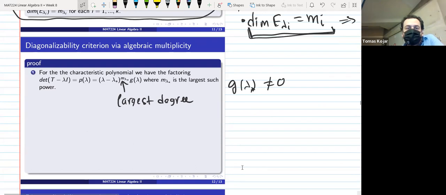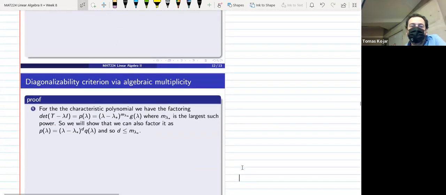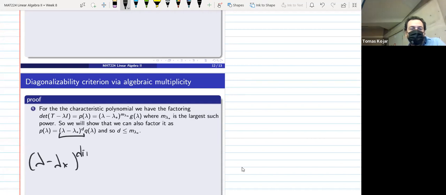So how are we going to do this? We can factor the polynomial in a different way, where D is the geometric multiplicity. Let me write it in both ways: the dimension of E lambda star times Q lambda.